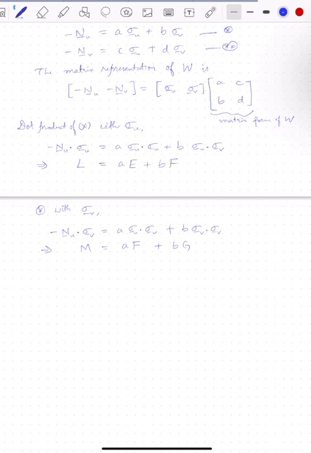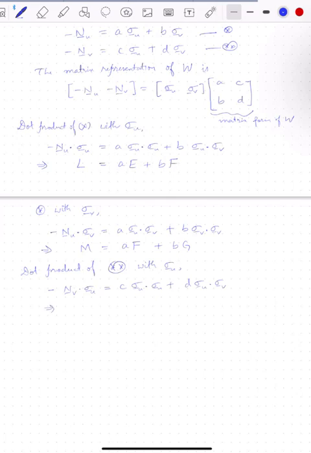Okay, so now the dot product with sigma u is minus nv dot sigma u is equal to c sigma u dot sigma u plus d sigma u dot sigma v.